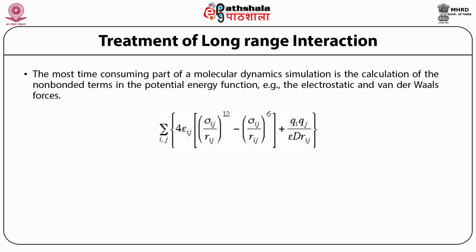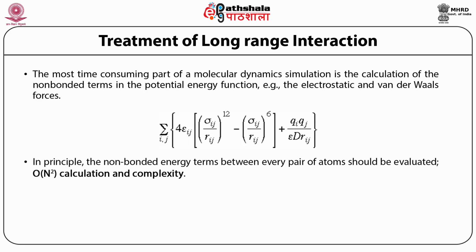So if I want to take care of all the long range interactions, it turns out that electrostatic interactions are the most difficult ones, and they are pretty slow and take a longer time to really become almost zero or negligible. So in principle, these terms between every pair would be huge, and that should be O(n) square calculation complexity.